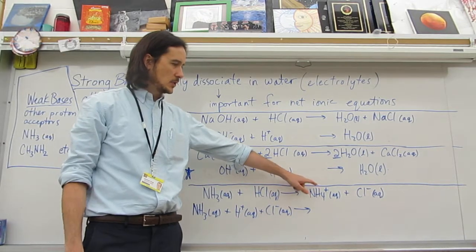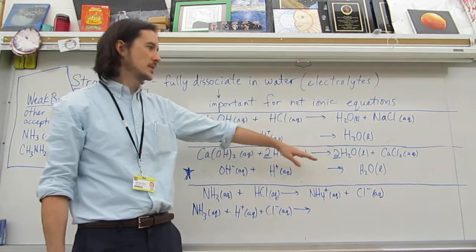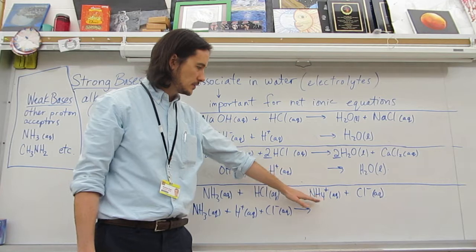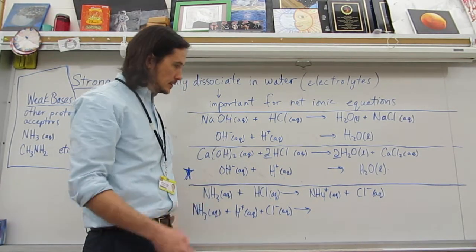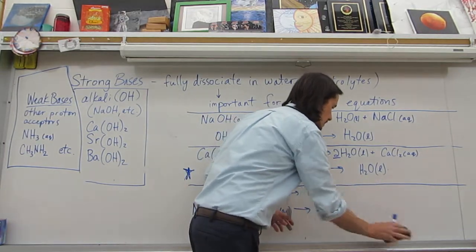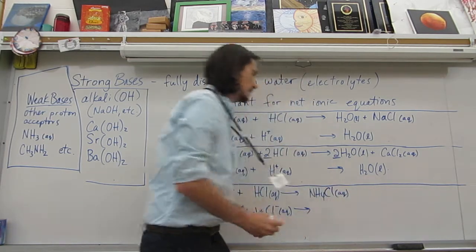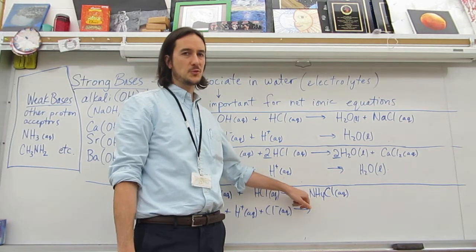We notice we have 2 charged species on the product side, whereas before everything is neutral. I guess I've already dissociated. That's a better way to write ammonium chloride, NH4Cl.